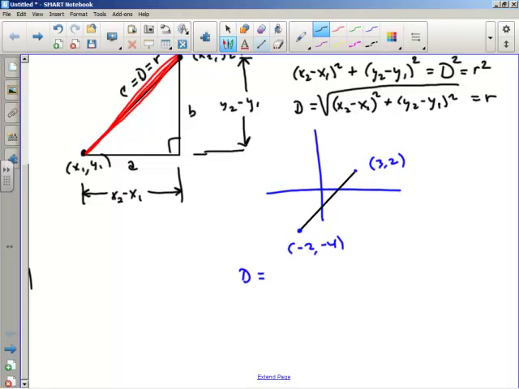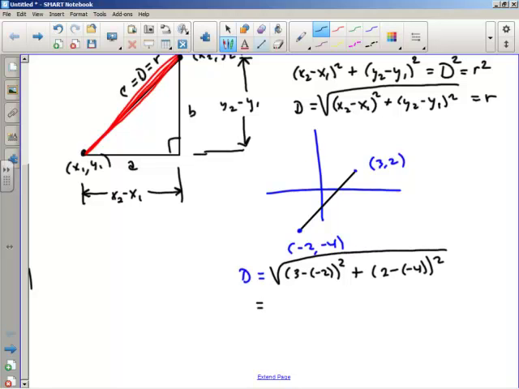D equals the square root of the quantity x2 minus x1. That's 3 minus a minus 2. That's a difference in the x values. We'll square that. Add to that the difference between the y values, 2 minus a minus 4. Square that.